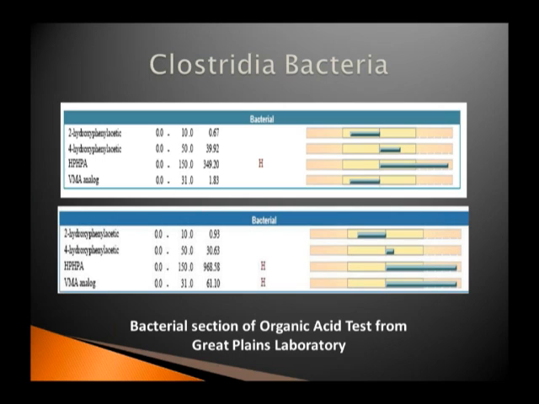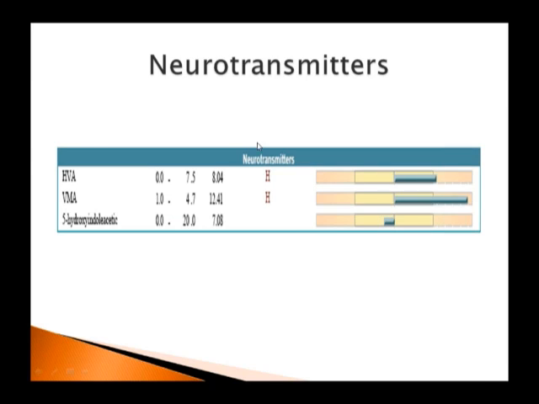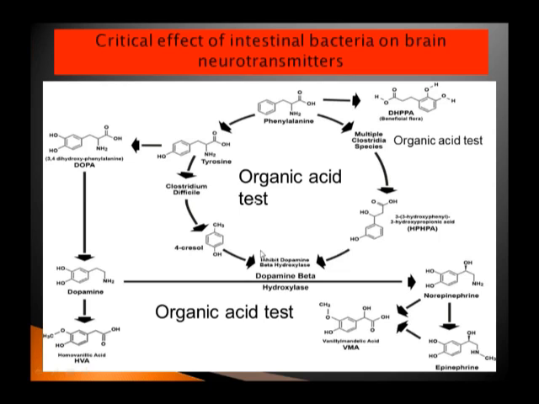This chemical called 3,3-hydroxyphenyl 3-hydroxypropanoic acid will inhibit this converting enzyme called dopamine beta hydroxylase. There is another Clostridia bacteria specific to Clostridia difficile that also inhibits that enzyme. So as we block dopamine beta hydroxylase, we get a corresponding increase in dopamine with a spillover effect of an excess production of HVA, also called homovanillic acid.